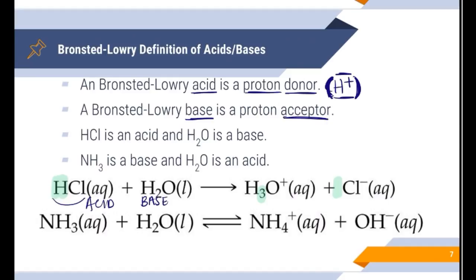In this other equation, we have a hydrogen being donated by the water to the ammonia, making ammonium and hydroxide where the H used to be. So this is acting as our base, accepting. This is acting as our acid, donating. You'll notice that water can act as an acid or a base. We'll talk about that a little bit later.